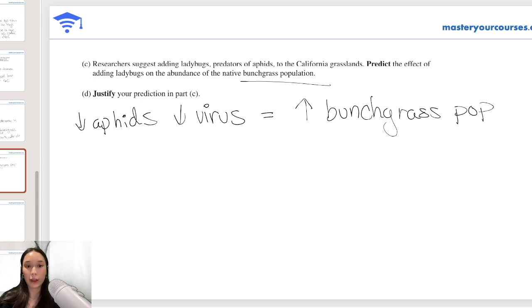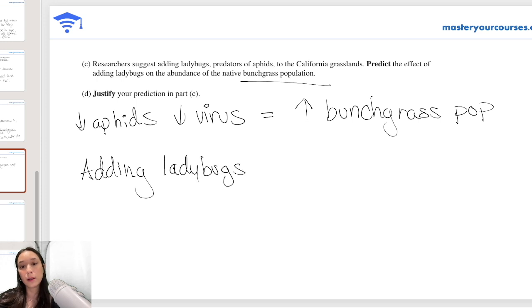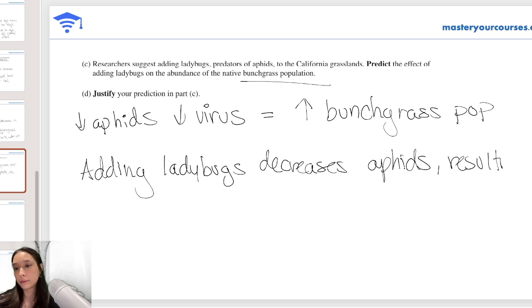So if I were to justify this prediction, adding ladybugs decreases aphids, resulting in less virus affecting the bunchgrass.